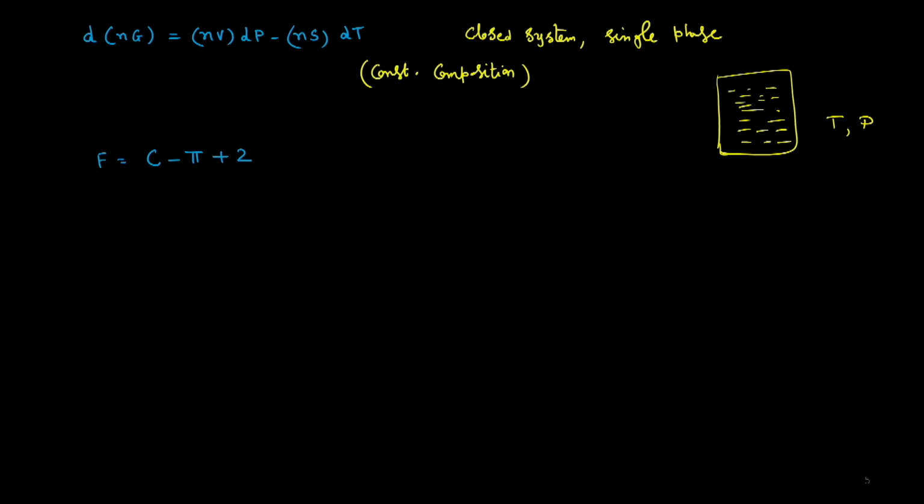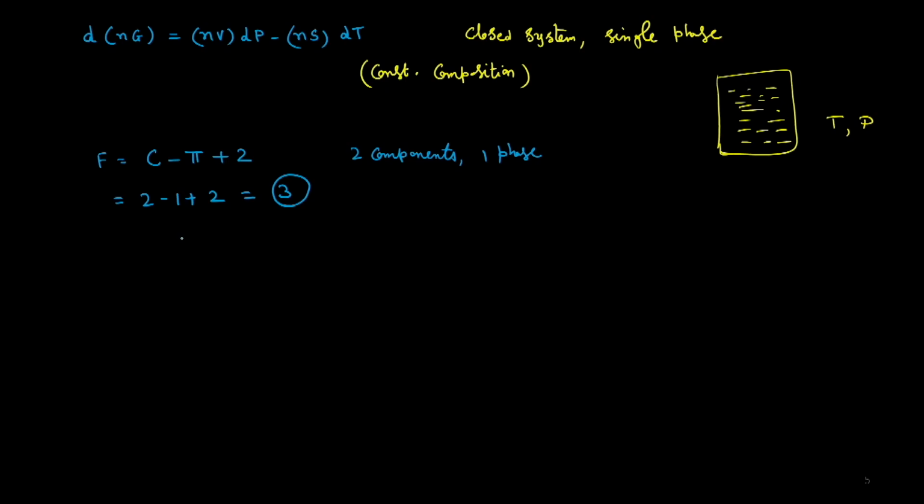Now, if I have a single phase system with two chemical species, then the number of degrees of freedom is going to be 3, right? So I need to fix 3 intensive variables to completely fix the state of the system at equilibrium. This is for 2 components and single phase. I have a mixture of 2 components.